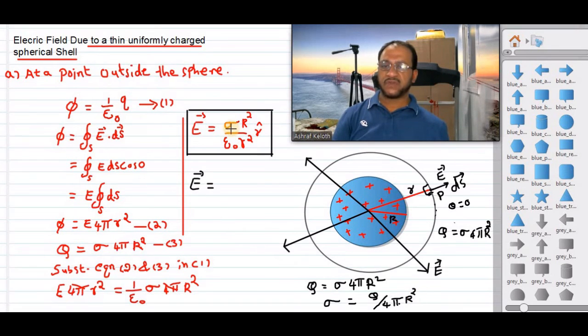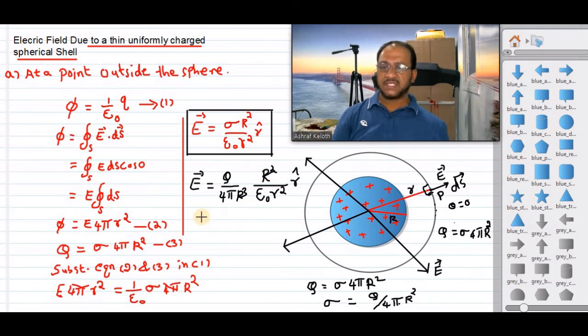Now in this equation, for sigma I am substituting capital Q by 4 pi capital R square. Then what will be the equation? So capital Q divided by 4 pi capital R square, this is the sigma value. And what is remaining then? Capital R square, divided by epsilon naught into small r square, into r cap to give the direction. Capital R square and capital R square cancelled.